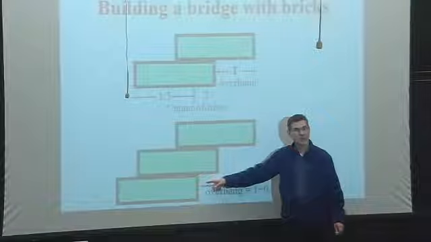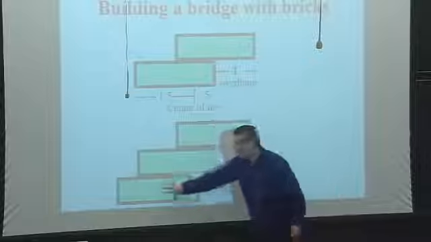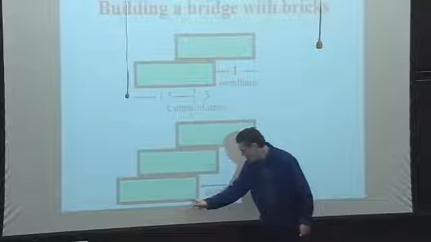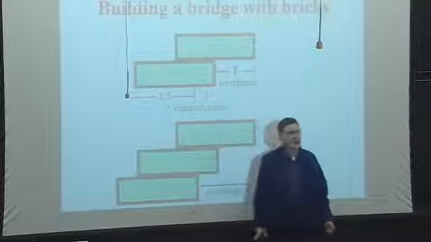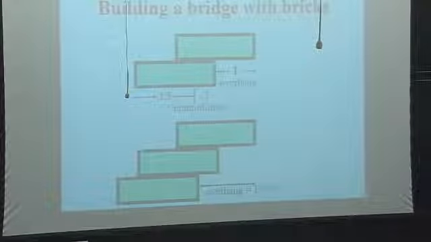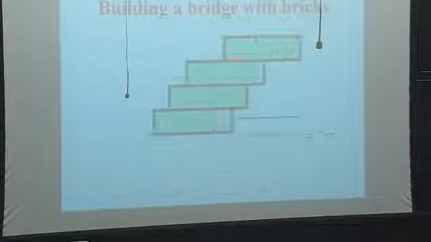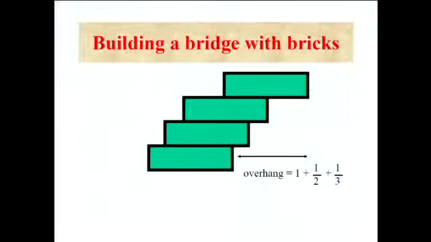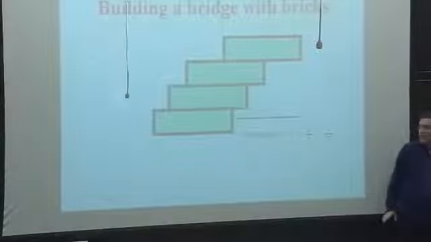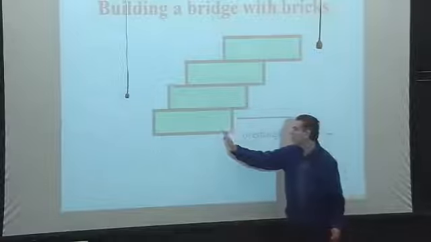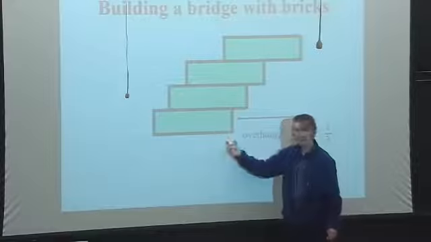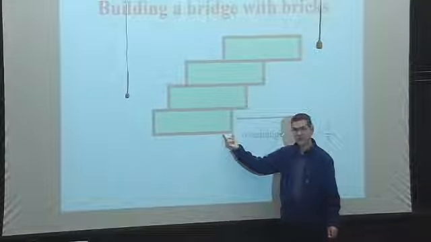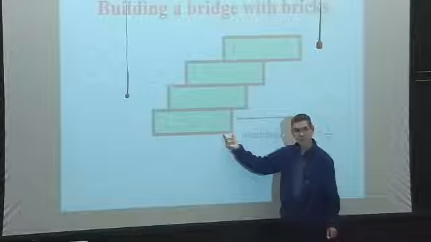Now the center of mass of this structure is over here. So if I pile that on top of another brick, now the overhang here is 1 plus a half plus a third. And the center of mass of this object is over here, and the center of mass is 1/4 from the edge.